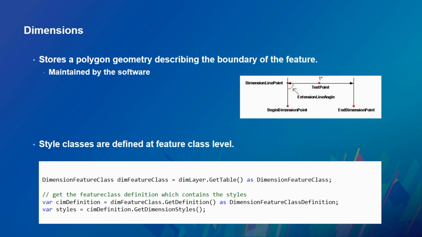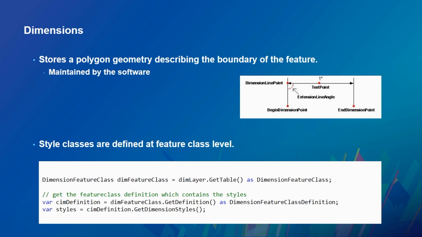The geometry that you're interested in for dimensions are these 4 points: the beginning dimension point, the end dimension point, the linear dimension point, and the text point. Depending upon whether you're an aligned dimension or a linear dimension determines which of those points are important.